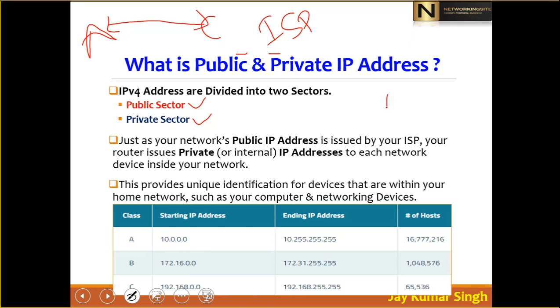The ISP gave you a single IP address, but with that single IP address maybe your 100 computers are communicating to the internet. How is it happening? Because the ISP has given you a single IP, only a single computer should be able to reach outside. But why are multiple IP addresses going to the internet?